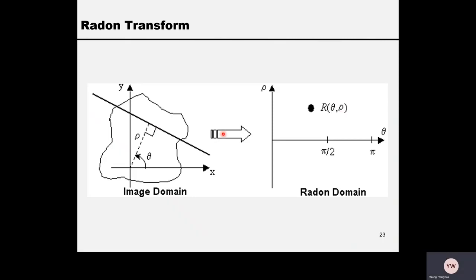So this line can be transferred to the radon domain to be a dot. So here is the angle, and here is the distance from here perpendicular to the line. That's it. And then you do summation along this, and get a dot here. That is a radon transform.